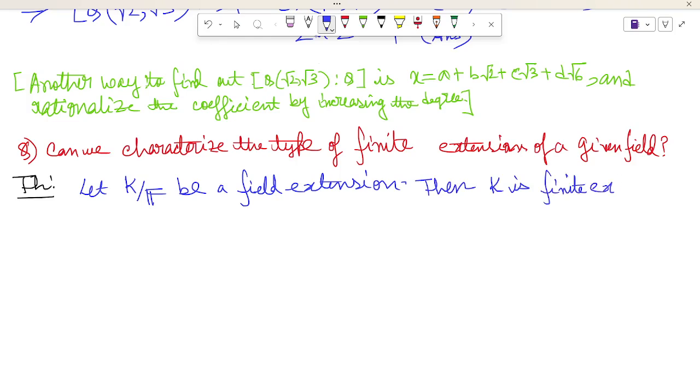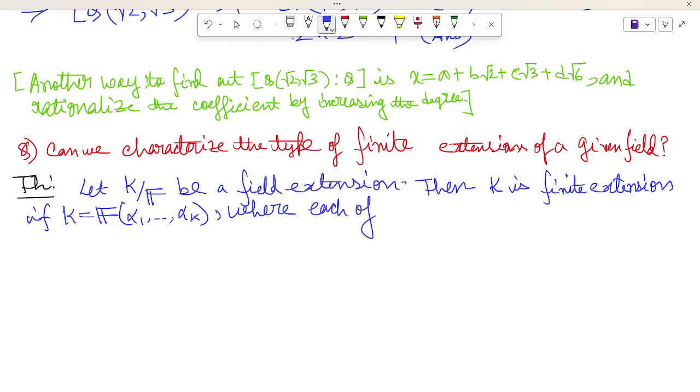Finite extension means it is finite dimensional as a vector space over the base field F. So it is a finite extension if K equals F(alpha 1, ..., alpha n) where each alpha i is algebraic.